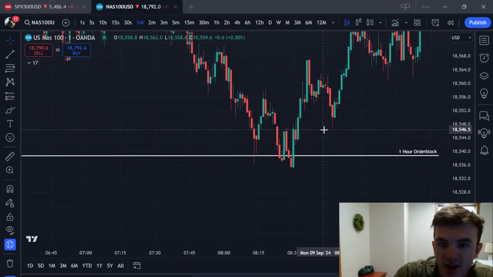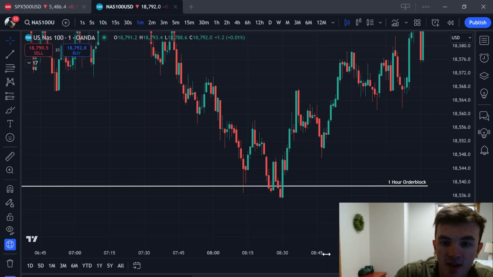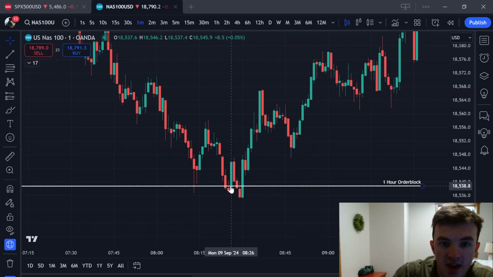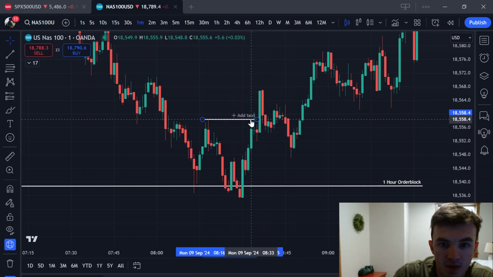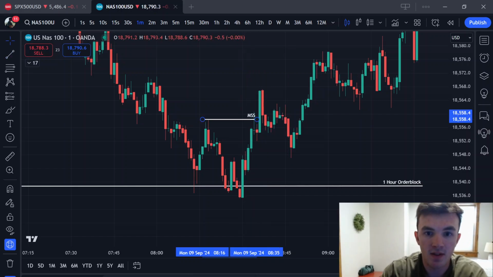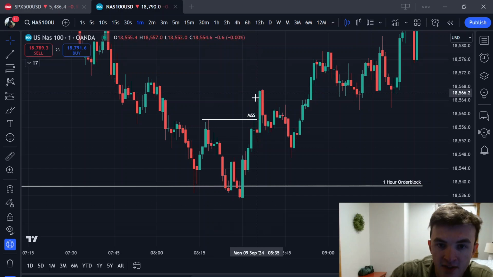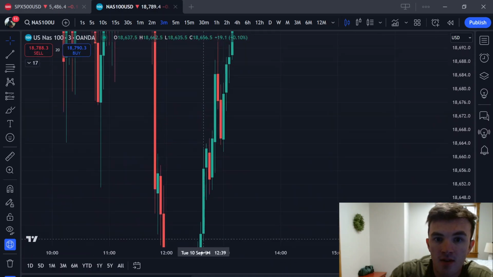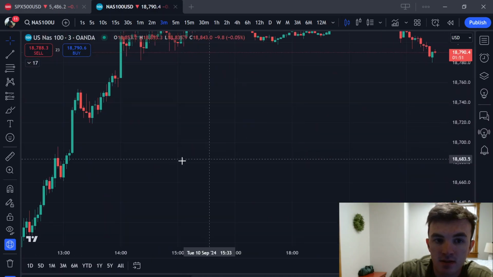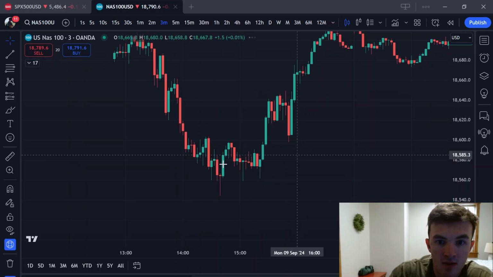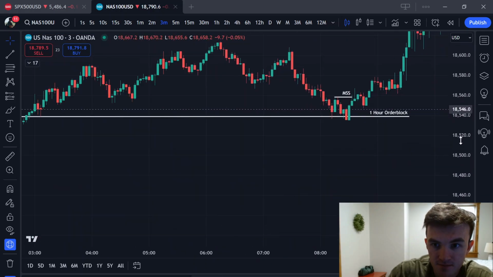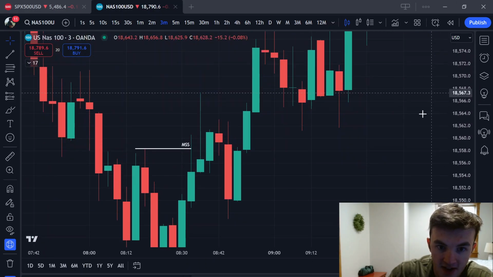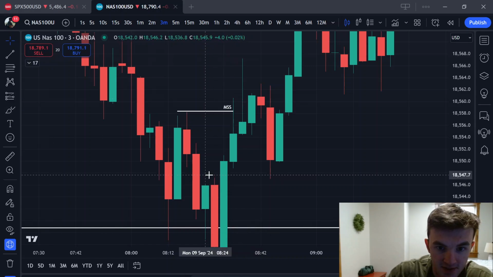At around this time, I came on the charts, and we got this market structure shift coming out of this 1 hour order block, and we pushed back down into a 3 minute fair value gap. You can see right here, this is a 3 minute fair value gap.